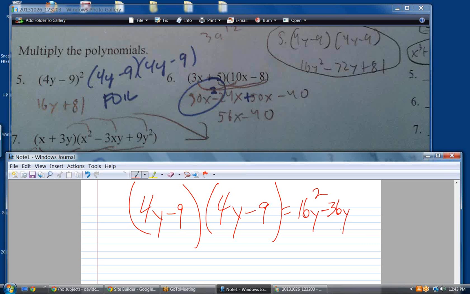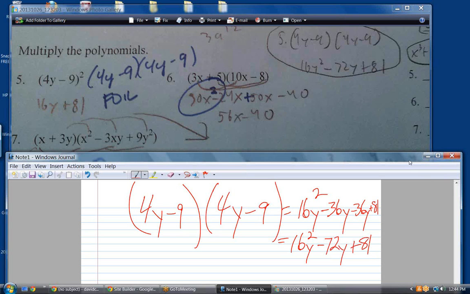Negative 9 times 4y would be negative 36y. And then negative 9 times negative 9 is 81. So this simplifies to what? 16y squared minus 72y plus 81.